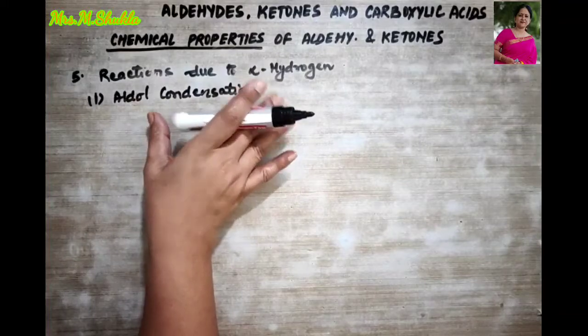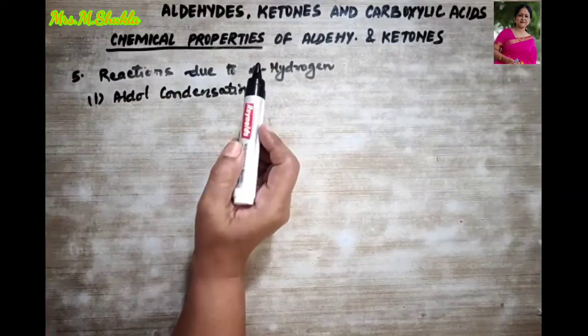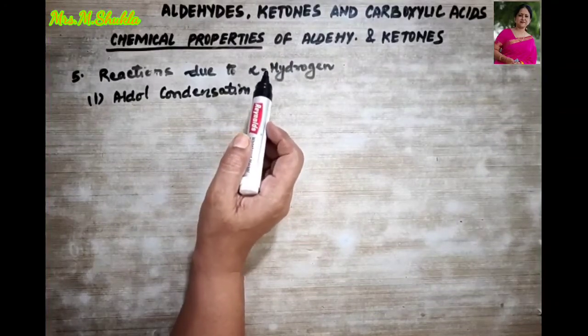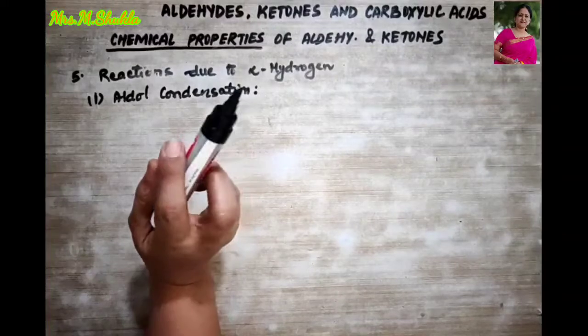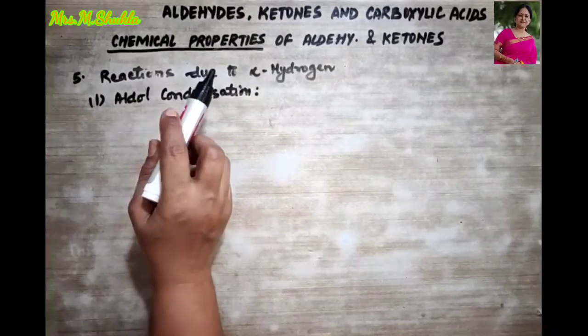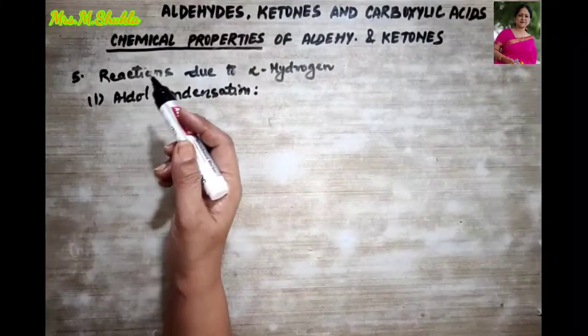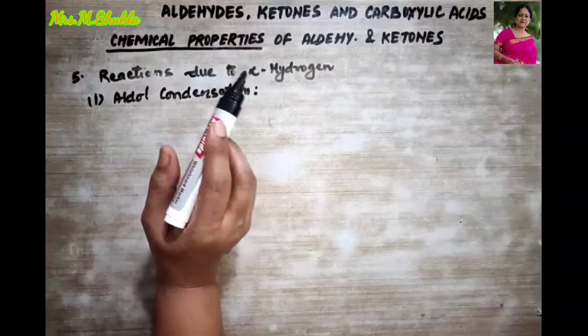This reaction is therefore known as aldol condensation. I repeat, what did I say? The aldehydes and ketones which have at least one alpha hydrogen undergo self condensation in the presence of dilute alkali, and they form beta hydroxy aldehyde or beta hydroxy ketone. This is known as aldol condensation.